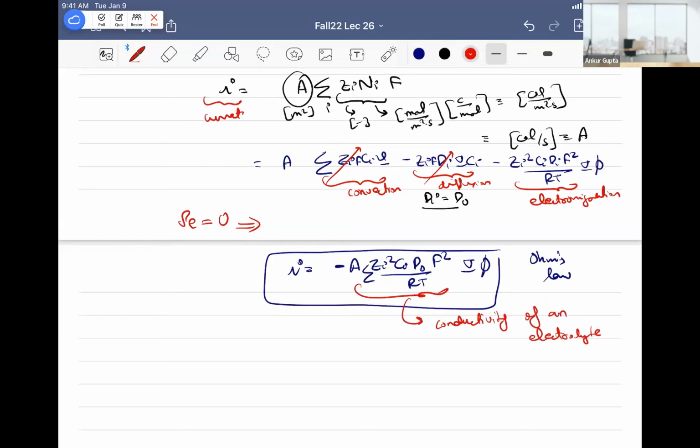And conductivity of the electrolyte is a very important quantity because it tells you how much you will lose in terms of potential drop across an electrolyte. So this is a very common experimental technique to characterize, and some of you may actually be using this to characterize some of your electrolytes if you work with them in the lab. Okay. So essentially, the Poisson-Nernst-Planck equation can give you Ohm's law.